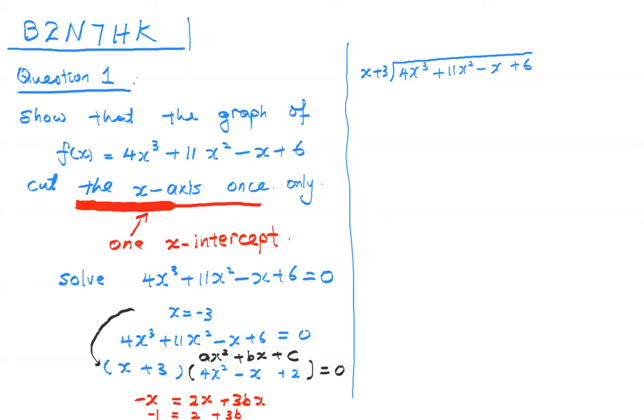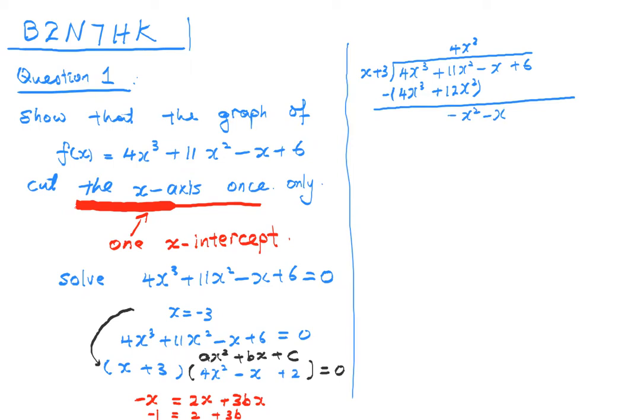So I put 4x squared. I get 4x cubed plus 12x squared. So I minus off, and I got -x squared. I pull down the x term.